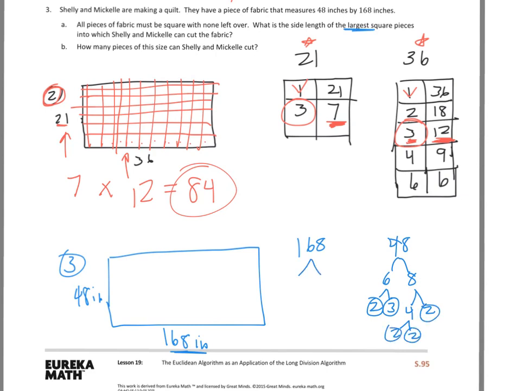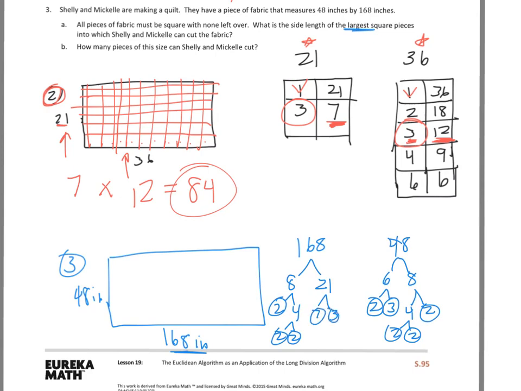So now I have to do the exact same thing with 168. And I know that 8 can go into it, and it's going to be 21 times. And then I can break this into 2 and 4, 2 and 2, and this one will be 7 and 3.